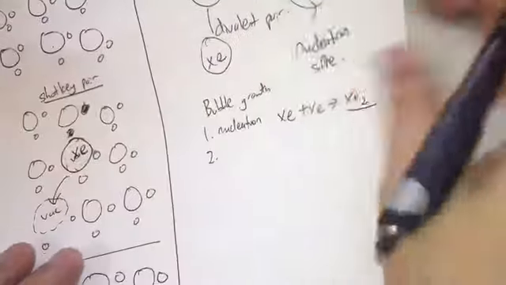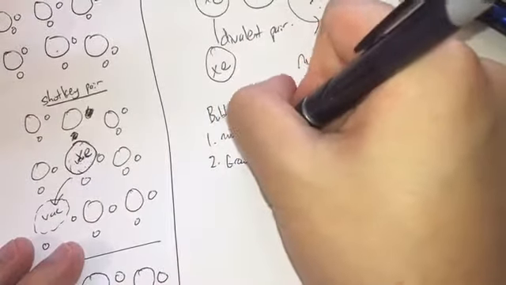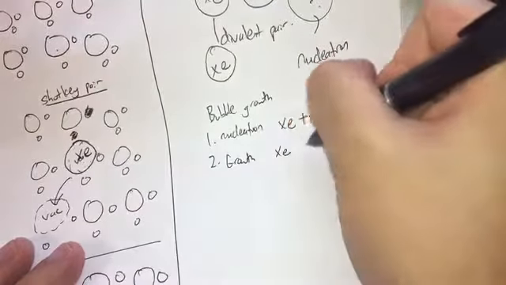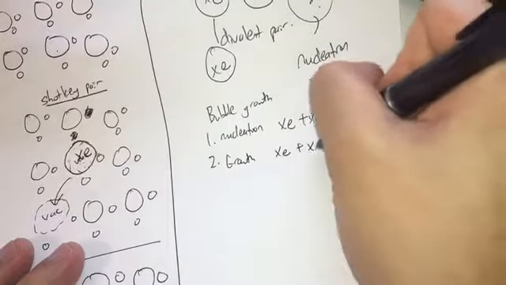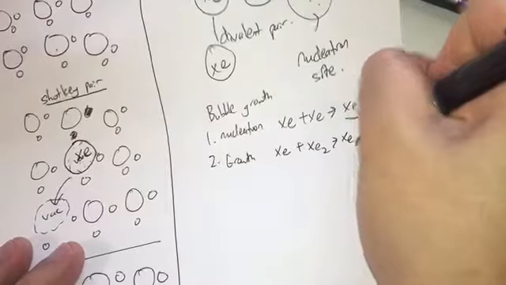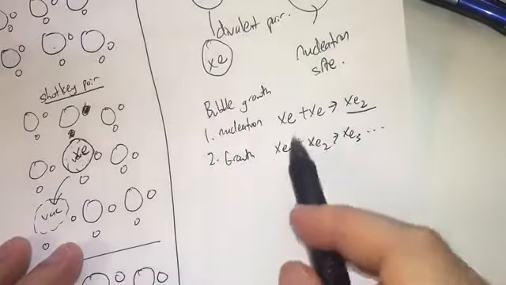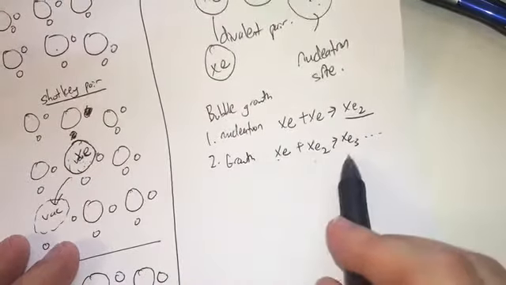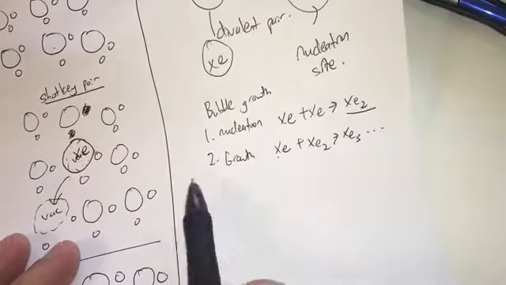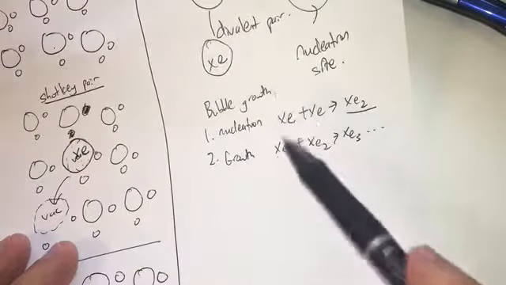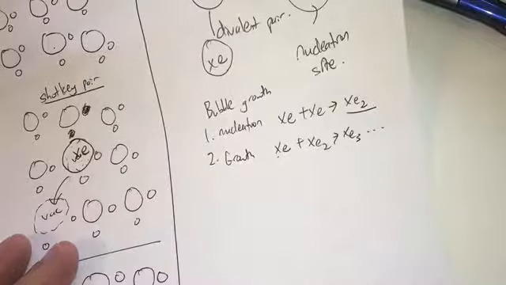Then you have growth. And so on. So xenon will join Xe2, become 3 xenons. So more and more xenon can form together when it joins atom by atom. So that is the growth stage.